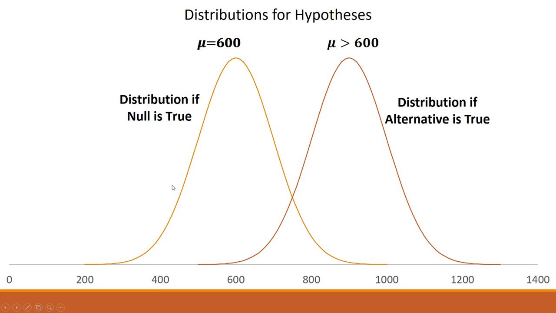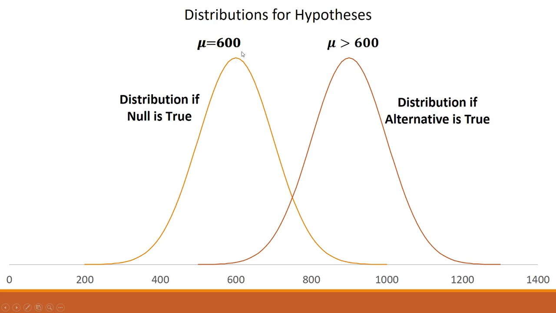So here I have a sampling distribution of the mean. This is what the sampling distribution of the mean would be if the null hypothesis was true. Now, I don't know if this is the true sampling distribution of the mean or not. I don't know. But this is what it would be if the null hypothesis were true.